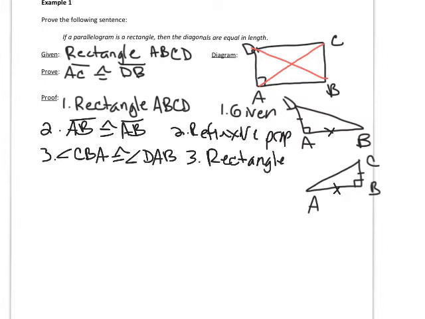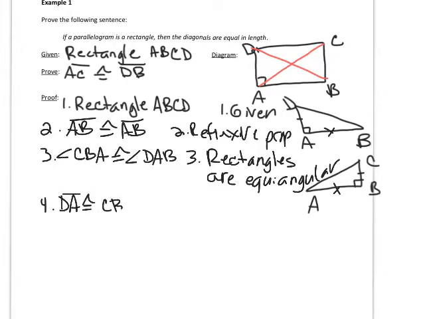When I'm doing these types of proofs, I can use every other property except the one I'm trying to prove. So that makes it easy. You have a lot of choices. Rectangles are equiangular. So now I have the angles congruent. We also know that opposite sides of a rectangle are congruent. So DA is congruent to CB.